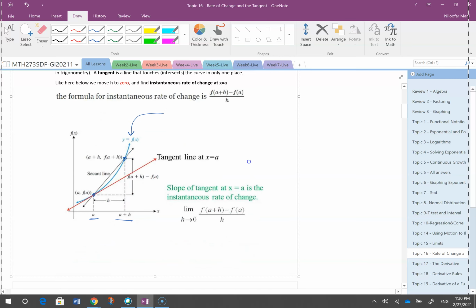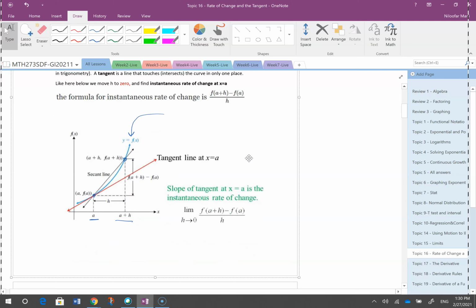What is the slope of secant line for these points? So a and f(a), a plus h and f(a plus h). What is average rate of change for this secant line, which is a slope of secant line? A slope of any line is difference on y over difference on x.